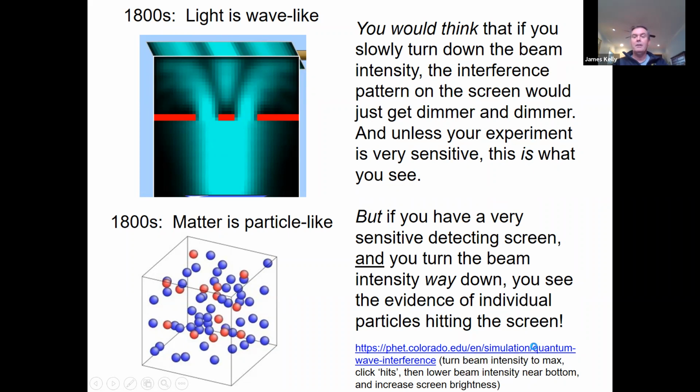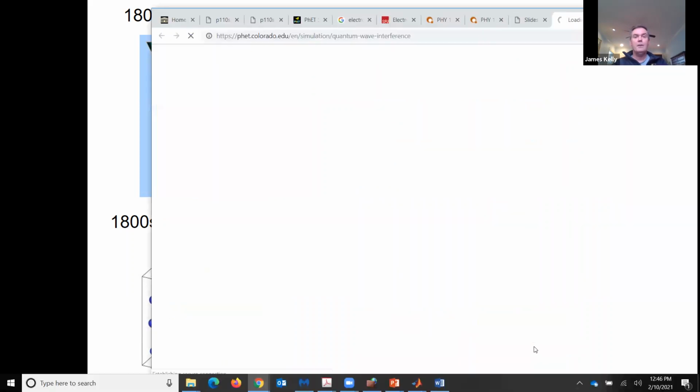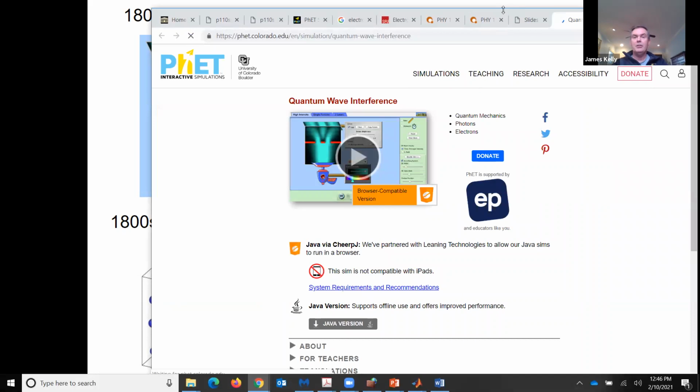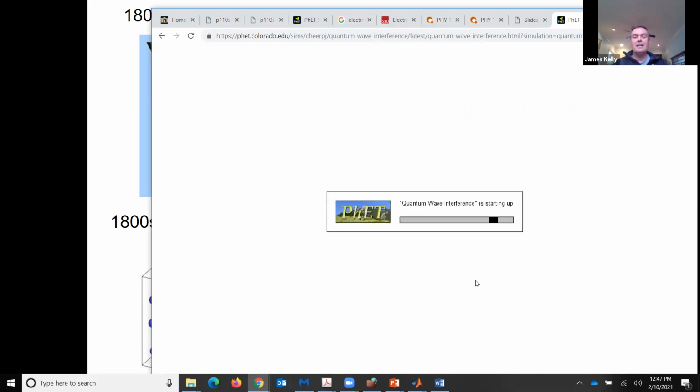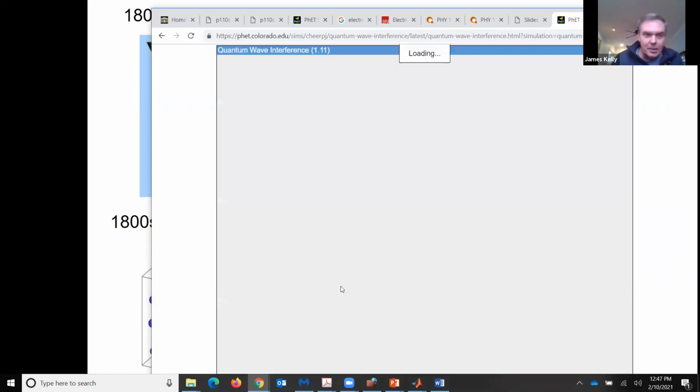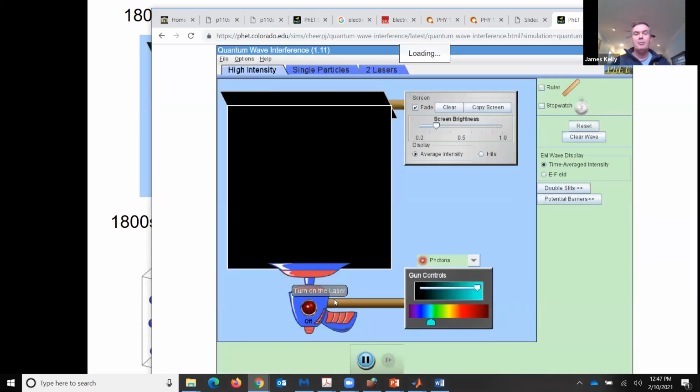So let me show you a kind of cheesy simulation. It's one of these PhET simulations that you've probably seen with Dr. Neiser before. This one's especially cheesy because it's got a ray gun looking thing that's supposed to be the laser beam. It used to work a little better than it does now, but we'll try our best with it.